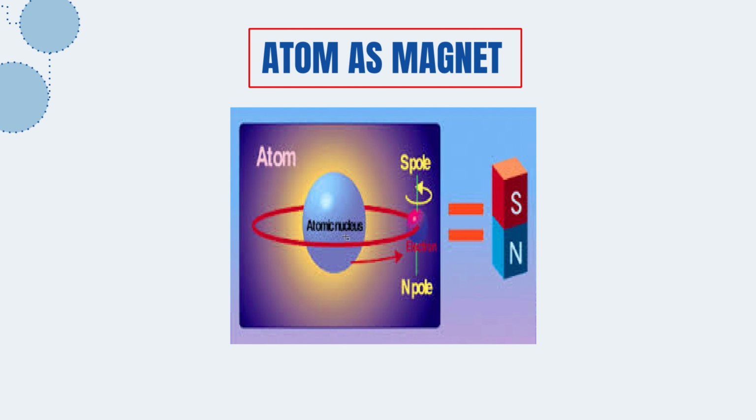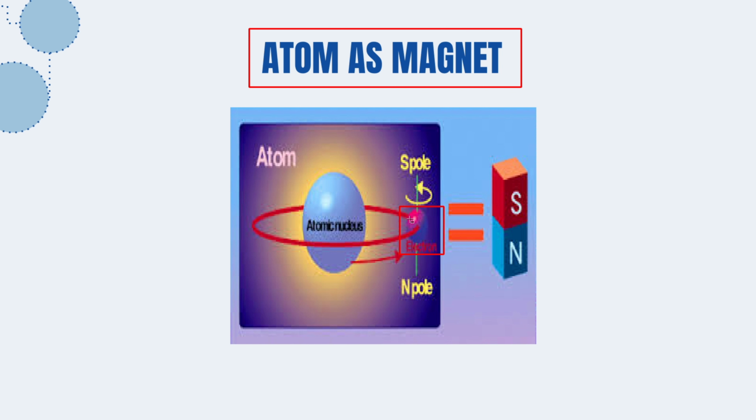Now, bouncing back to the same concept that we studied in the previous slide, we have an atom, and in this atom there are certain charged particles, certain electrons, and these electrons are undergoing two types of motion. The first one is orbital motion and the second one is spin motion. Both of these motions, the movement of charged particles, are considered the cause of magnetism.